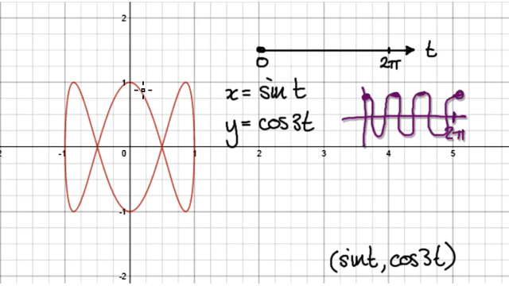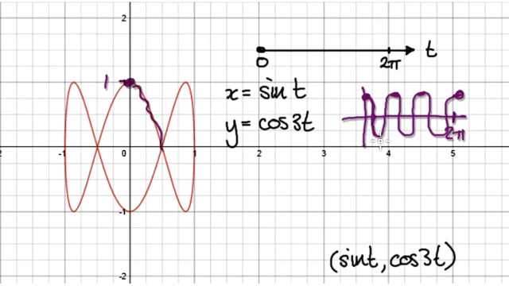Okay, so let's try and understand what's going on. Remember, we start here. This thing here is telling us to move in the y direction, in the up and down direction. So we're starting at the maximum 1. And then we're going to go down to 0. So that will then take us to here.